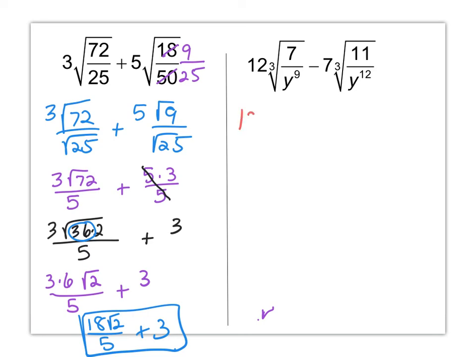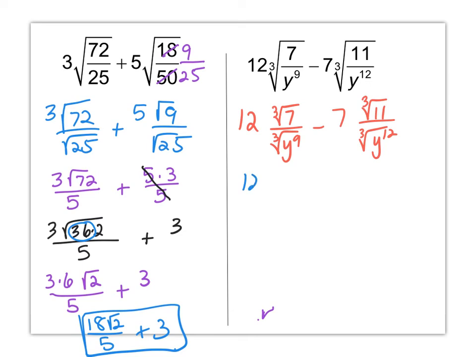We can write this as 12 times the cubed root of 7 in the numerator and the cubed root of y to the 9th in the denominator, minus 7 times the cubed root of 11 in the numerator over the cubed root of y to the 12th in the denominator. Now 7 and 11, the radicands in the numerators, are both prime numbers, so they're not going to be able to be simplified. But the denominators can be simplified.